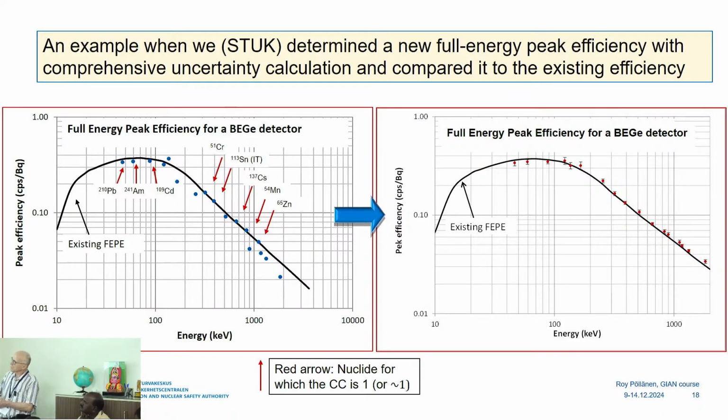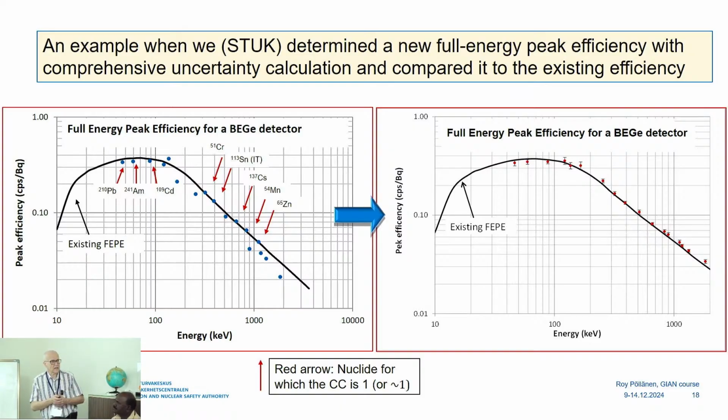However, when I did this efficiency calculation, these are the nuclides shown as red arrows, which do not have notable coincidence corrections. For example, lead 210, and also cesium 137. They stay quite well on the curve. However, there are some nuclides, like cobalt 60, these two peaks here, that do not fit the curve.